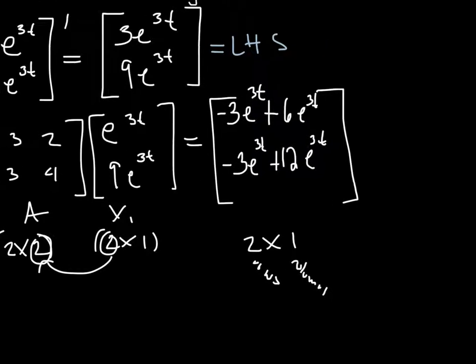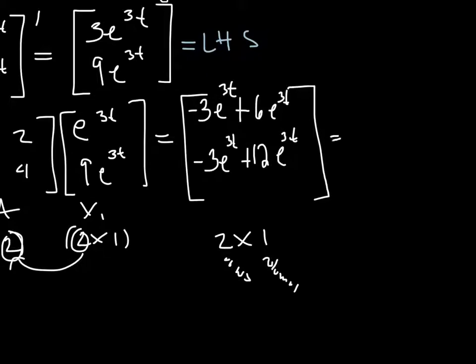I can simplify this a little bit, factoring out e to the 3t, so we get 3e to the 3t and 9e to the 3t.